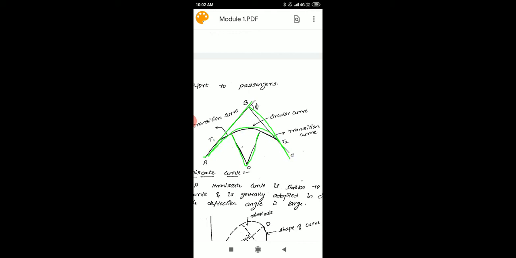It seems like a simple curve, but in these cases the curve is extended outside, so that is nothing but the transition curve. Okay, lemniscate is not included in the syllabus, so we will leave that one.